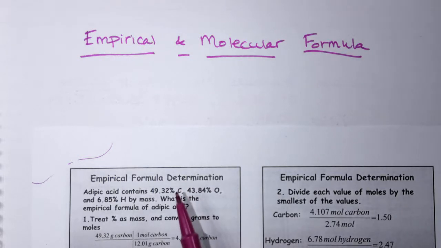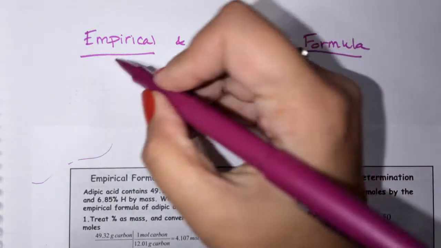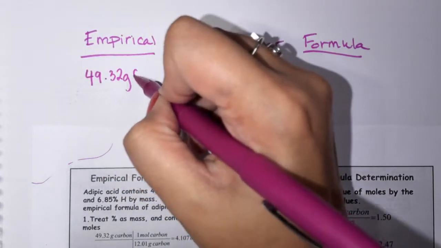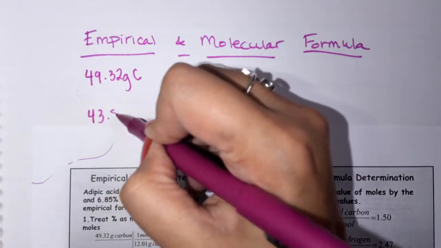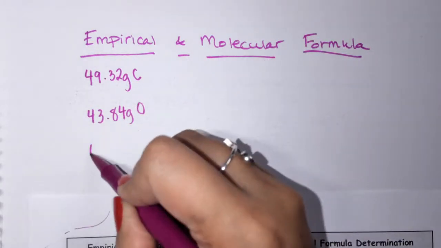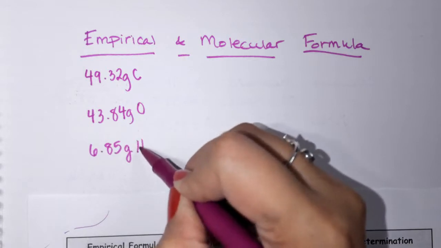So we can change these percentages to grams. Instead of 49.32% of carbon, we really have 49.32 grams of carbon. 43.84% of oxygen is now grams of oxygen. And same thing, 6.85% of hydrogen is now grams of hydrogen.